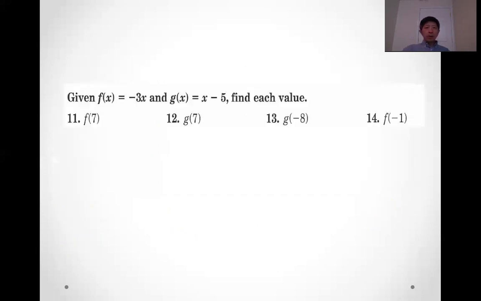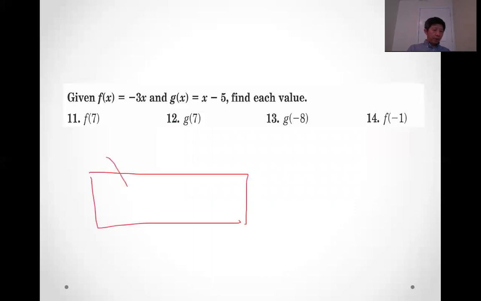Now here is a problem you can work on. You can think about this like a function machine. So what's the rule for f of x? f of x is equal to negative 3x, all right?